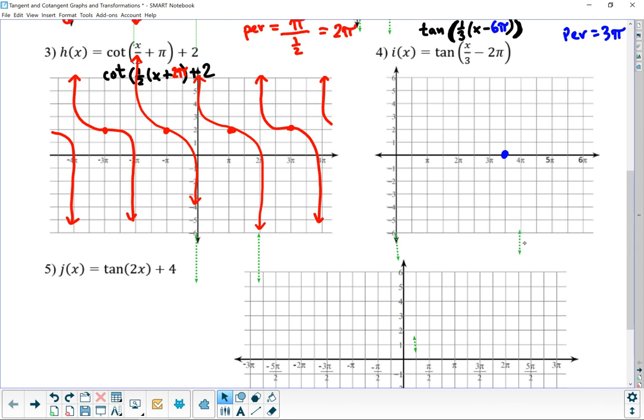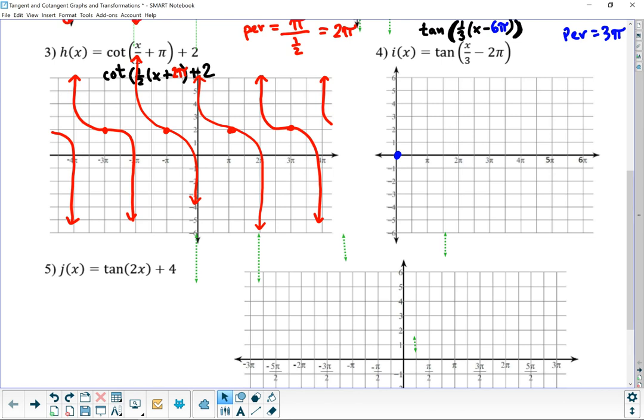So 1, 2, 3, 4. Oh, wait. Excuse me, guys. That was my bad. The period for tangent is 3 pi, but you get half of it on this side, and you get half of it on this side. So 3 pi, is 1.5 on each side. Okay, and the tangent starts in the center right there.